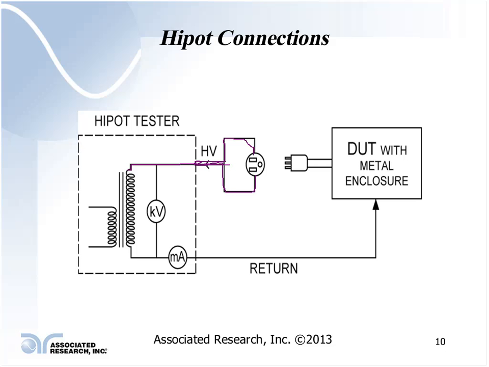What we're doing there is making sure that we're applying a high voltage potential to both sides of the line, and we are connecting the return from the Hipot tester to any exposed dead metal on the enclosure of the product itself. So the high voltage potential is applied to whatever components may be within the product.